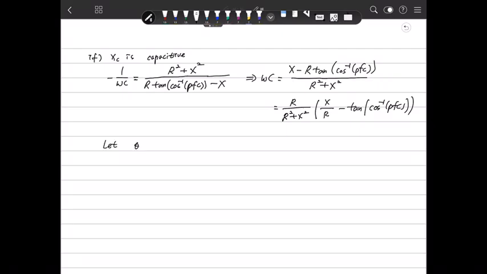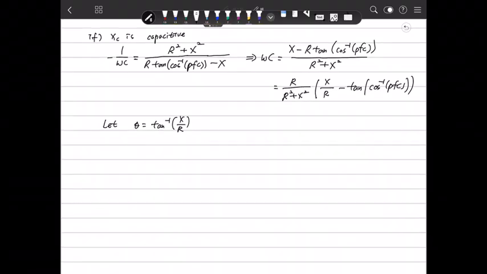So let theta be the load angle in the original load, arctangent of x over r, where r and x are the original load.